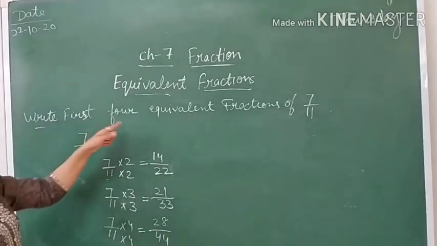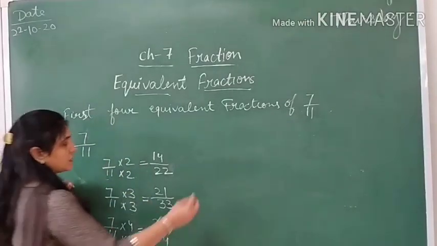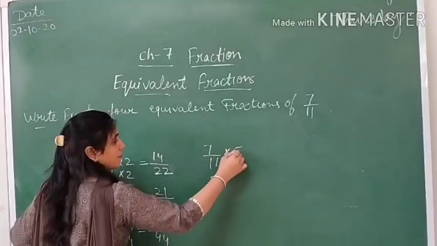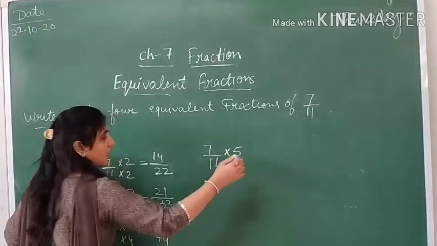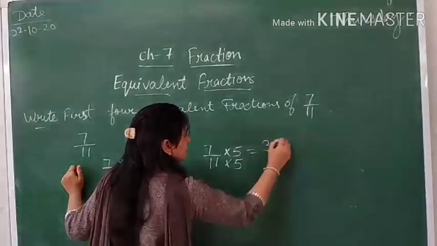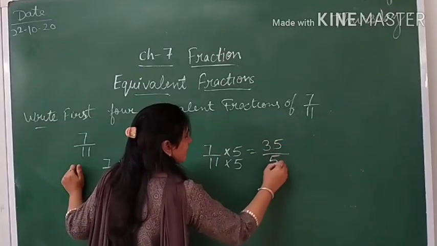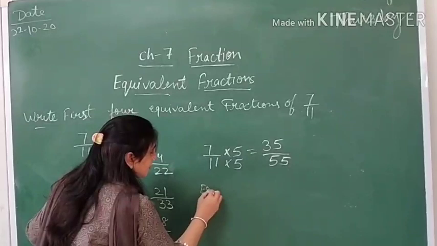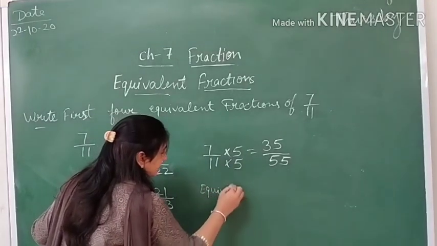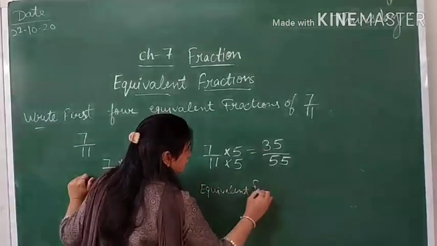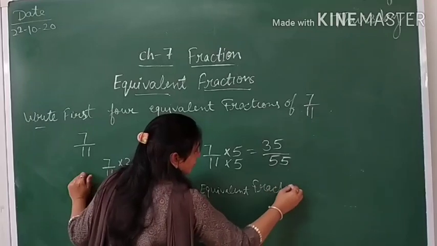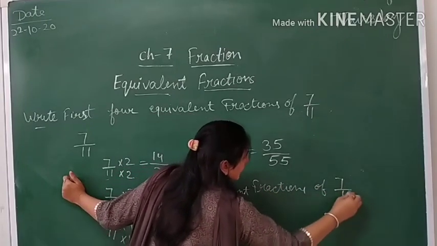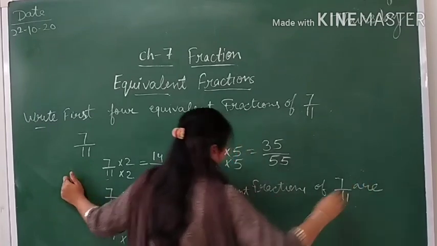We have to find the first 4. These are the 3. It means we have to find one more. 7 by 11 multiply by 5. 7 5s are 35 and 11 5s are 55. So students, the equivalent fractions of 7 by 11 are which are?